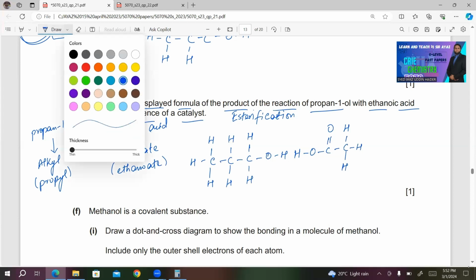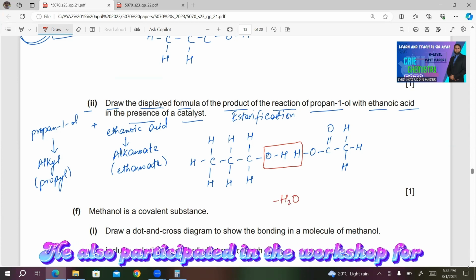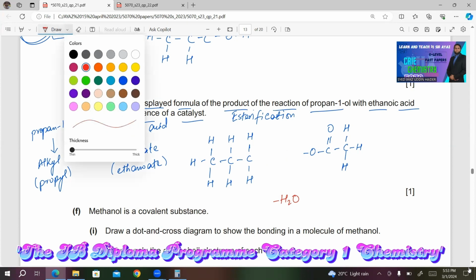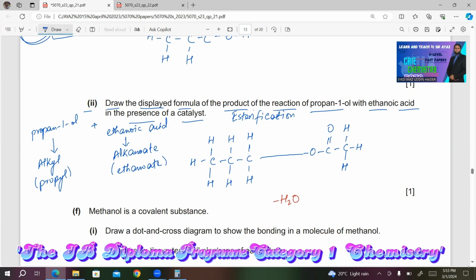Now in this reaction, there is a release of a molecule of water. So these will be removed as H2O. So the final formula for propyl ethanoate will be this.